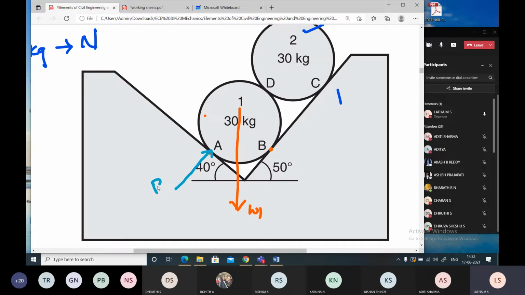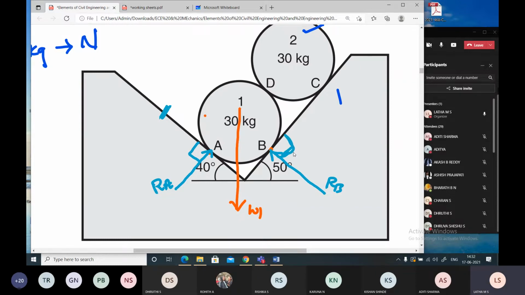So I call this RA, and it is perpendicular to this plane. For RB also, I'll drop a reaction perpendicular to this plane.